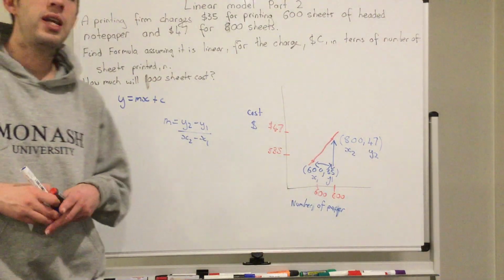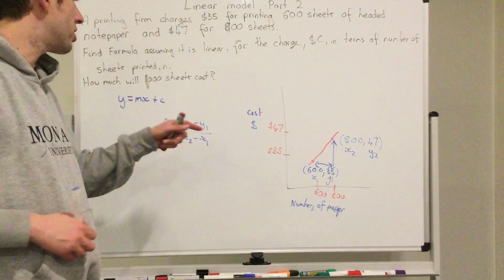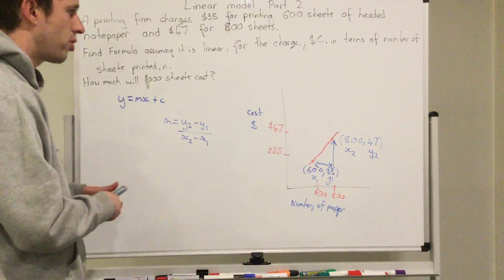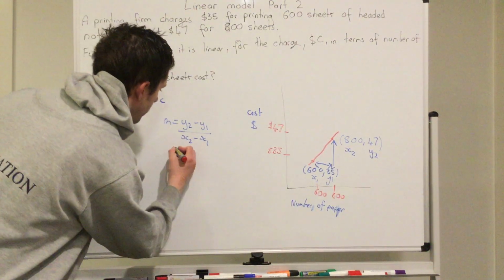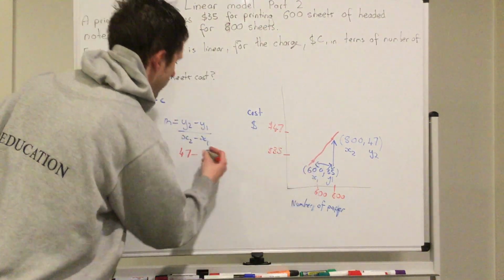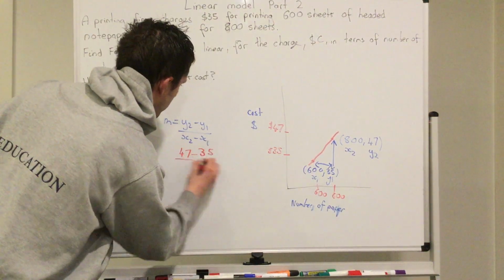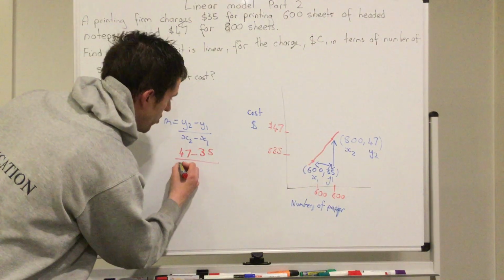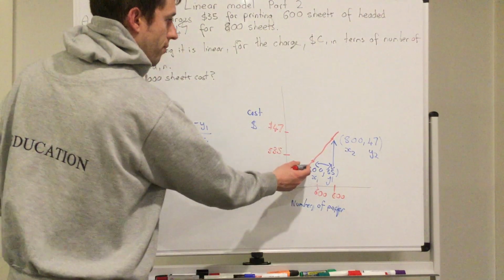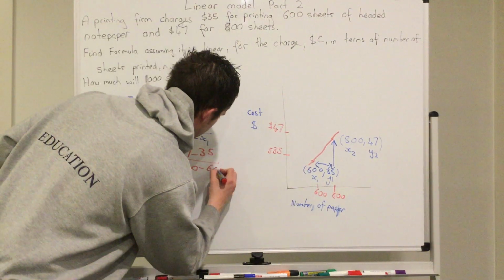So all I need to do now is substitute those values into this equation. So y2 is 47, y1 is 35, x2 is 800, minus x1, which is 600.